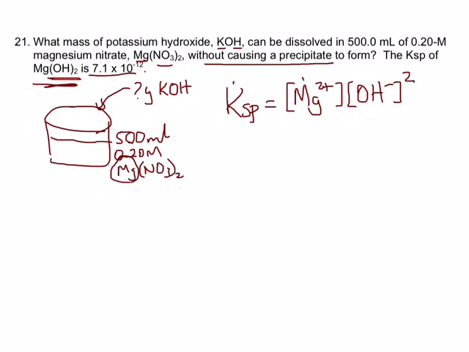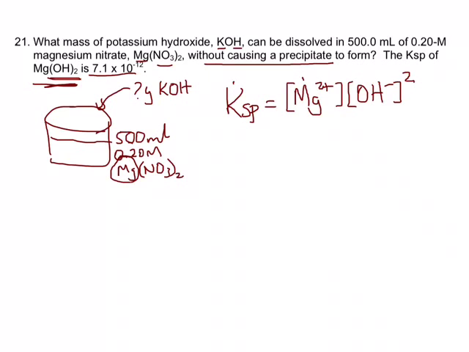We're going to assume that we add just a little tiny bit of KOH, and so the volume doesn't change, which means we don't have to worry about diluting the magnesium. Its concentration is 0.2. So notice that would leave one thing in this KSP expression unknown, and that would be the hydroxide concentration. Now, what would that hydroxide concentration represent?